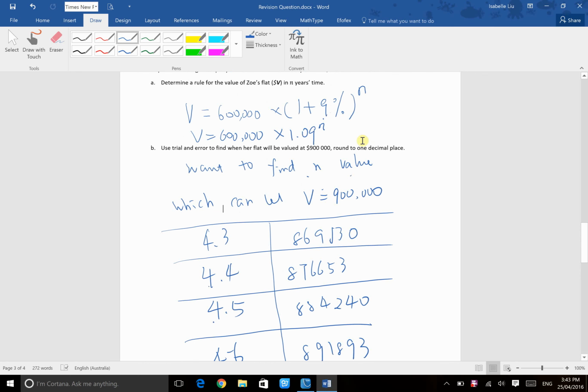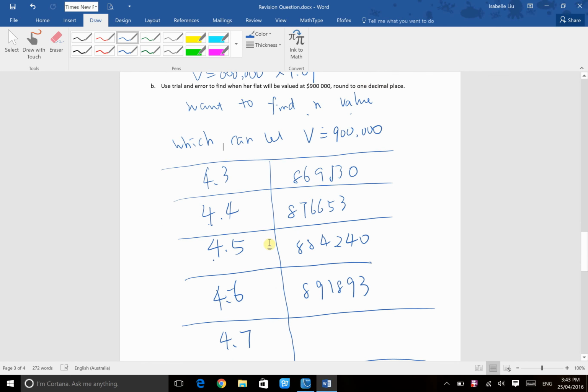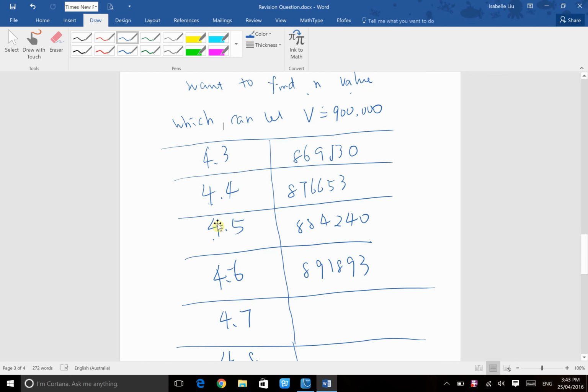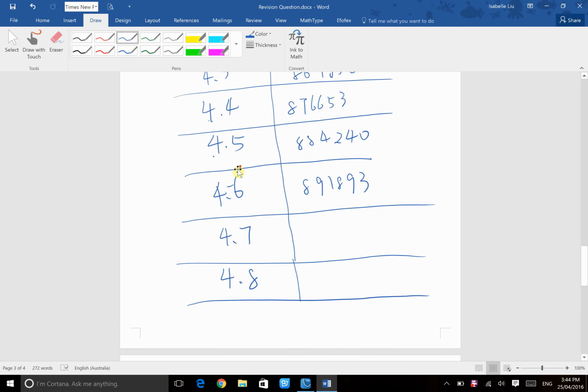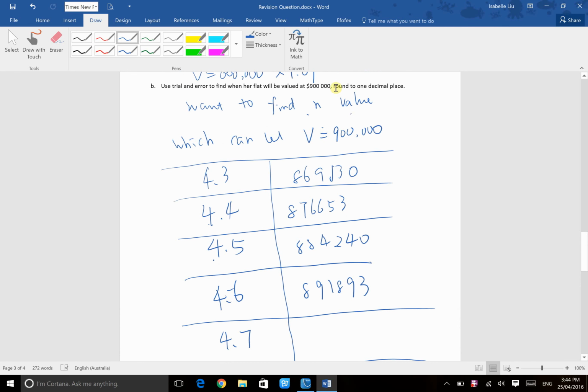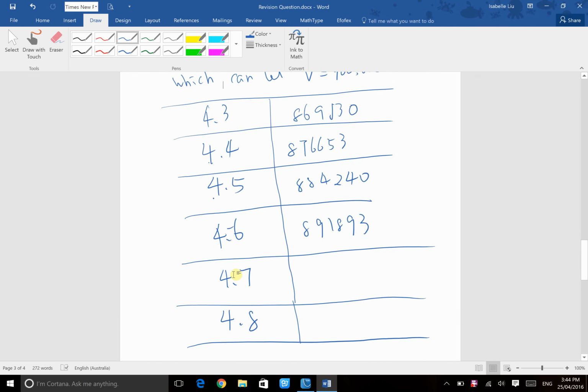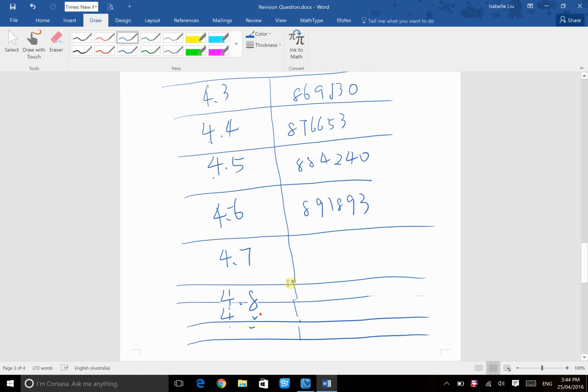Because we want to round to one decimal place, the 4.3, 4.4, 4.5 is enough. If I want 2 decimal places, I won't make the table like that. I will make the table like 4.31, 4.32, 4.33, leaving 2 decimals. But this question is asking me to round to 1 decimal place, so I will just leave all 1 decimal places here.